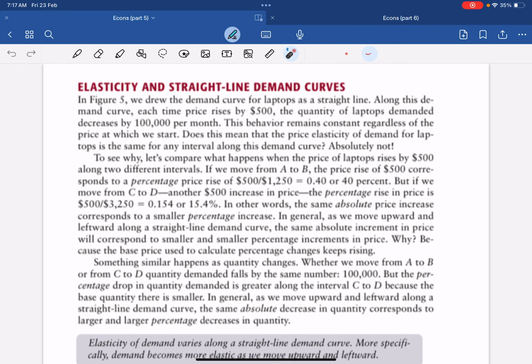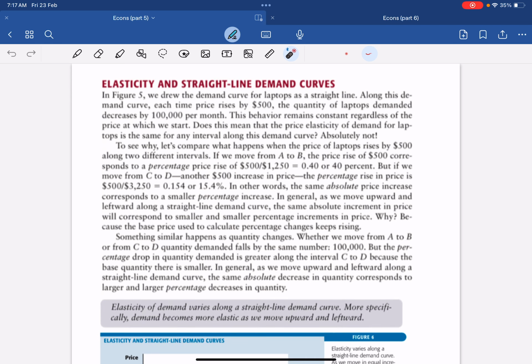And if you were to think about it in straight line graphs, how is it represented by the PED? Well, let's just see what's happening to the PED along a straight line graph.